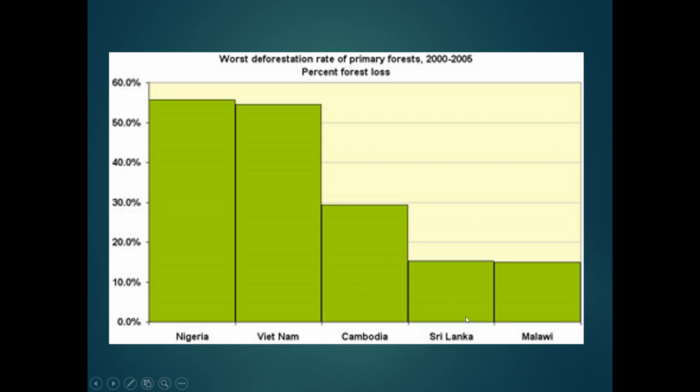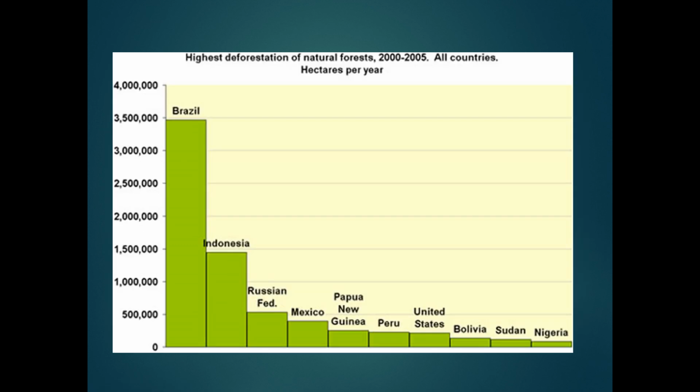Sri Lanka, which is the island country just to the southeast of India, and Malawi in Africa, those both have considerable rates of deforestation. Now, if we look at hectares per year in terms of the total volume, the previous slide was the rate, and of course that would be proportionate to the total amount that each country had.